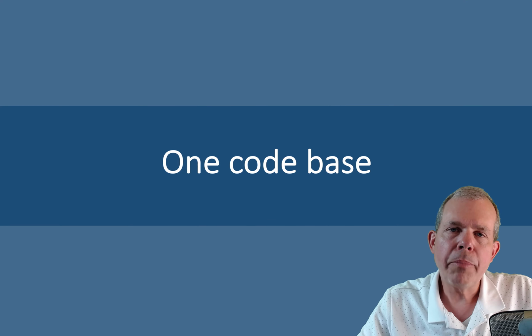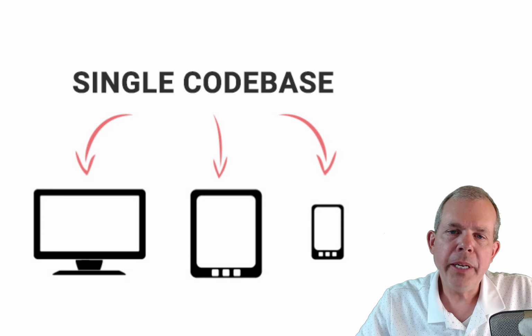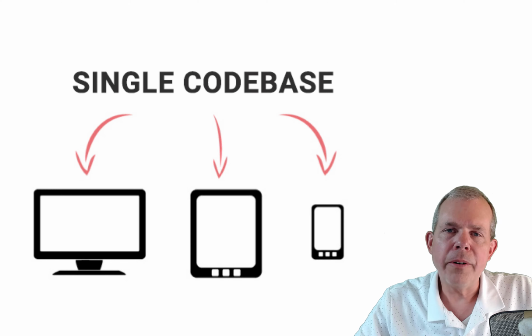Also, think of probably the cost of your mobile application. And this is a very technical reason. One code base. So a one code base means that you have a single server that adapts to a mobile phone, to a tablet, to a desktop, and that all shows up in the Chrome browser or whatever browser the user chooses. The single code base is super important because you either hire another programmer or you split a programmer's attention to 2 different code bases.